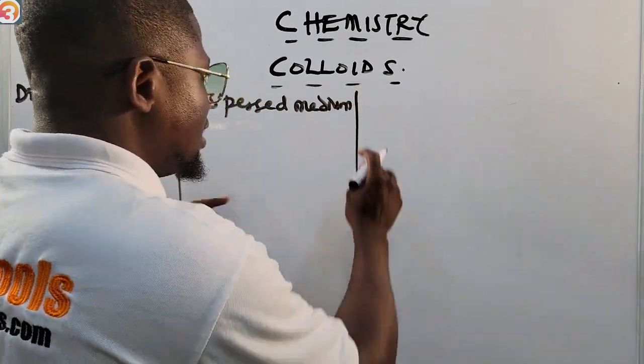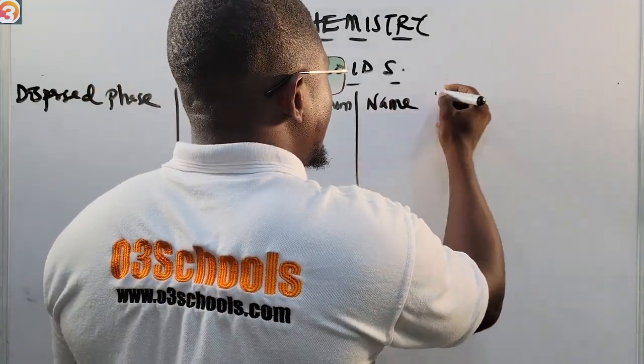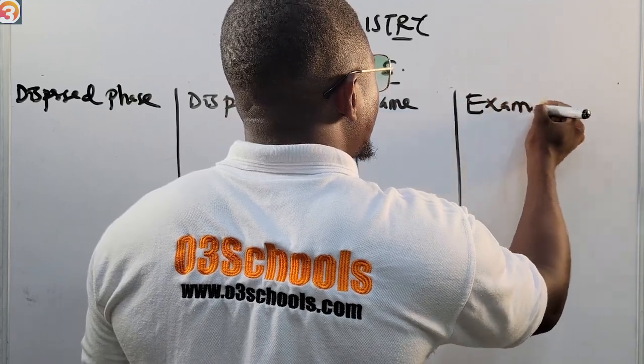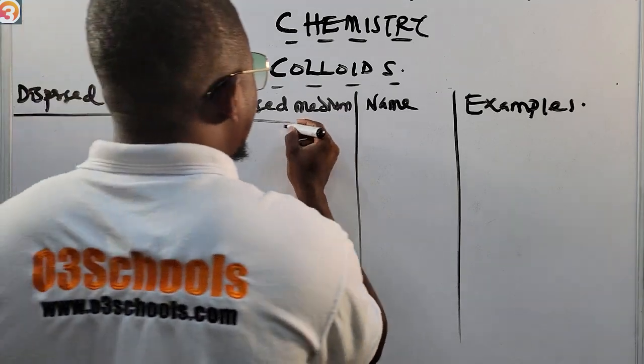Then here we have the name, and then we have examples. So we say there are 8 types of colloidal solution.